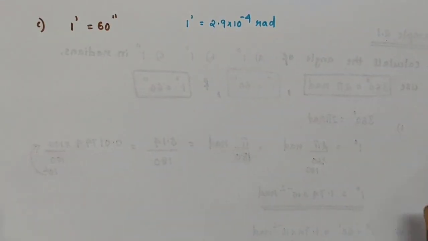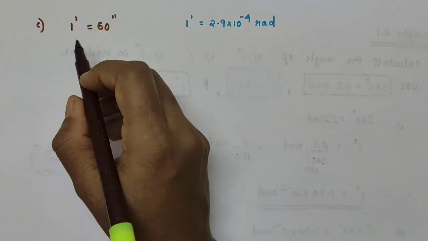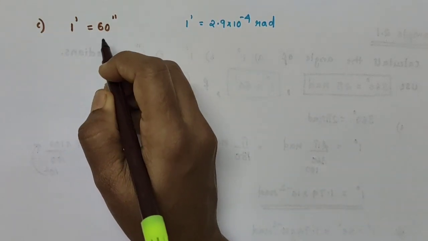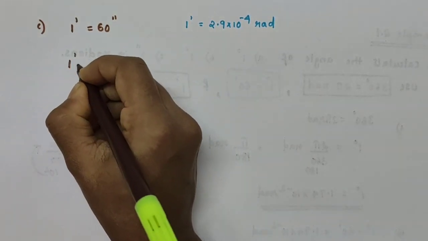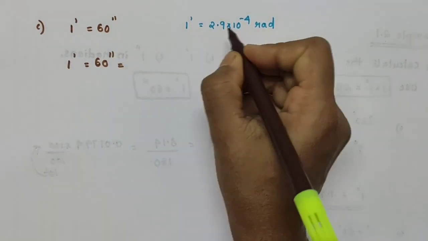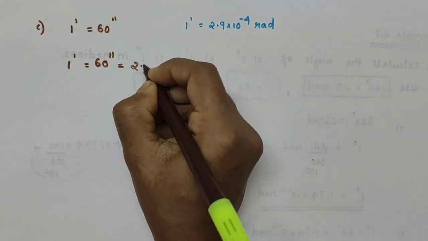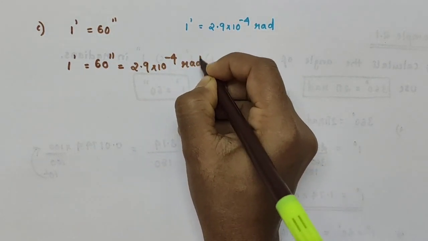Next, we want to convert 1 arc second into radian. For that, we can use 1 arc minute is equal to 60 arc second. Now, what is this 1 arc minute? 1 arc minute is equal to 60 arc second, and this 1 arc minute is equal to 2.9 into 10 raised to minus 4 radian.